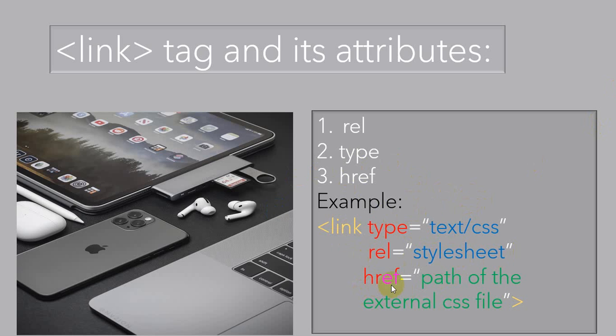Then the last one is href. Href means the hyper reference, means the address or path of the external file which you are going to connect. Okay, so these are three basic attributes of the link tag which is used to connect our CSS file with our HTML. So it is very clear that first we have to create two files.